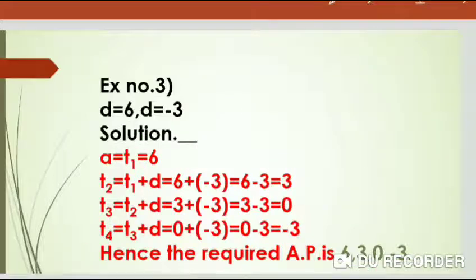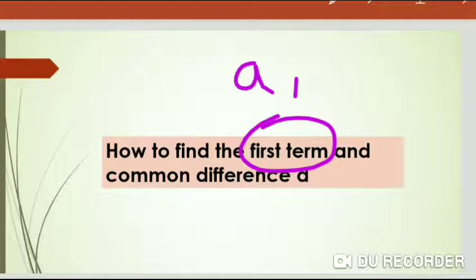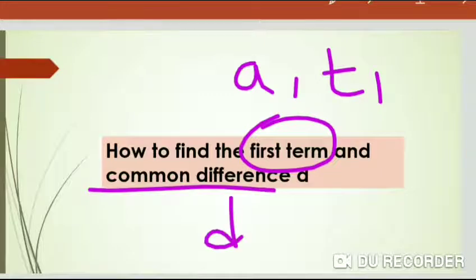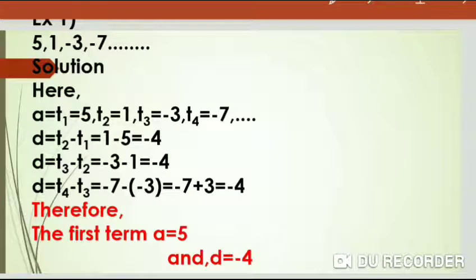Understand, student? Now again see the next example. Okay. In this example, we have to find the first term, that means A, that is A or T1, and also we have to find out the common difference D. Understand? For this purpose, take an example.